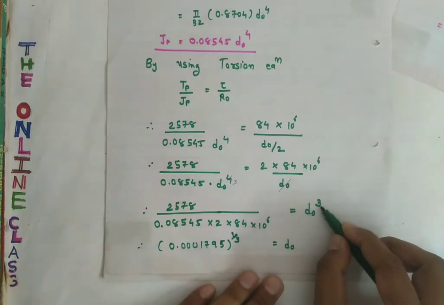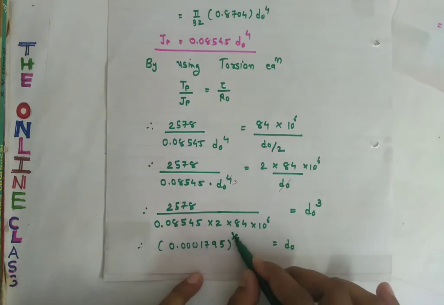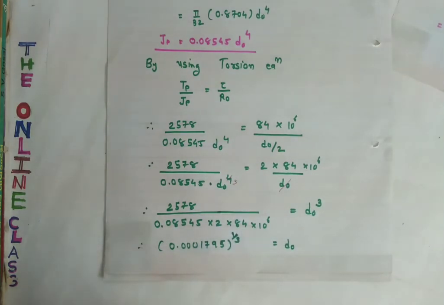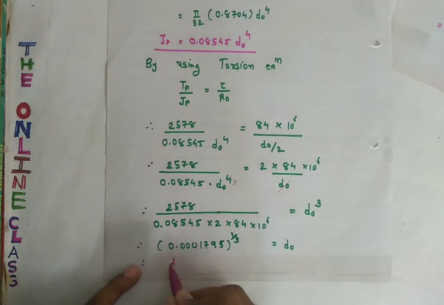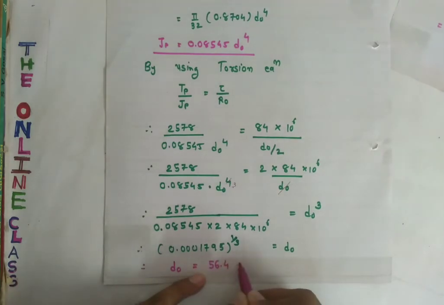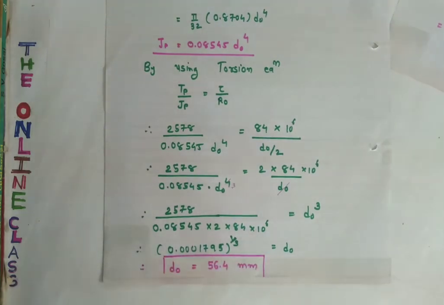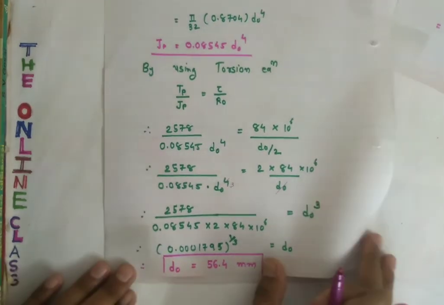To cancel out this 3, we have to raise to the power 1 by 3. Then we have value DO is equal to 56.4 mm. So we have the DO value in mm, 56.4.